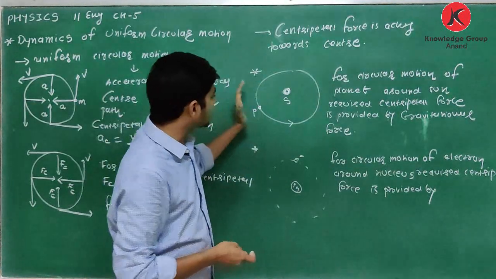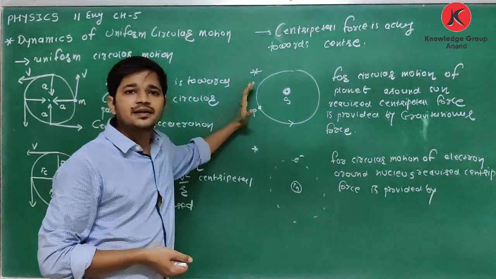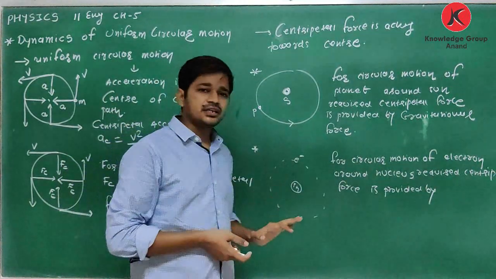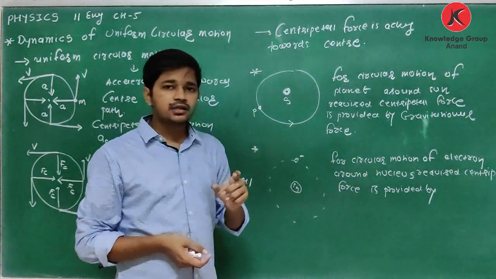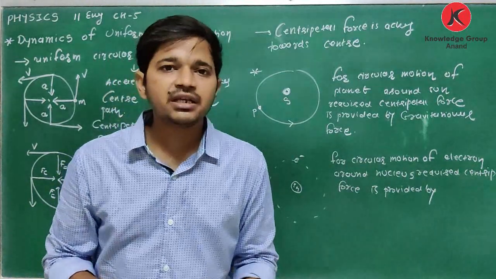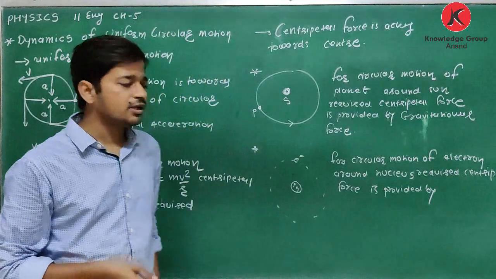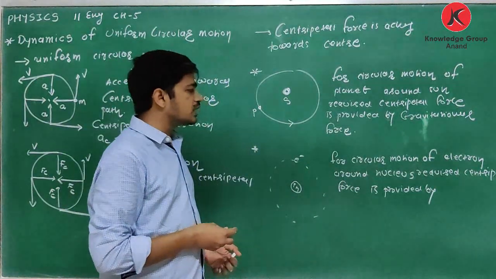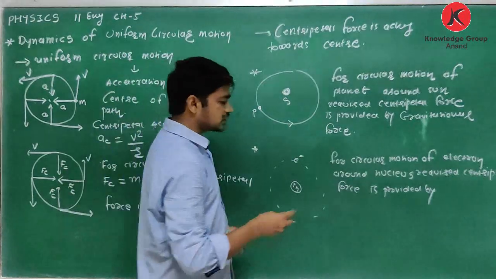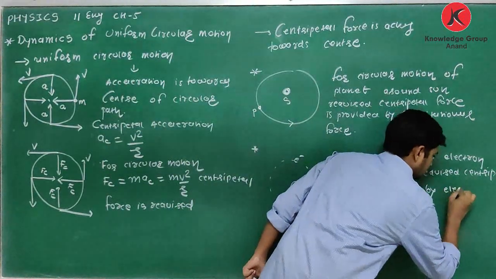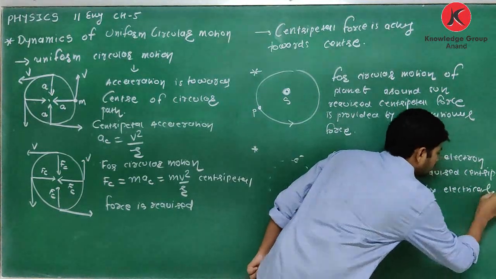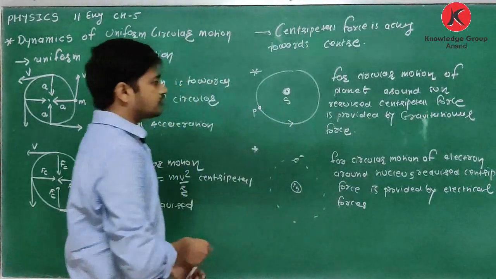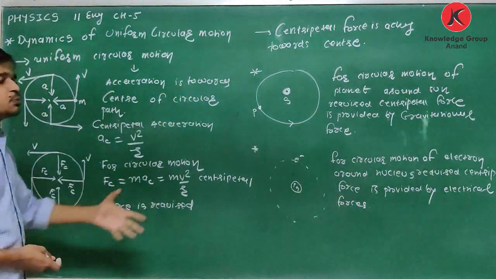In the previous case, governing forces are gravitational forces, but in this case, for these fundamental particles, the force acting between them is electric force. So for circular motion of an electron around the nucleus, the required centripetal force is provided by electrical forces. Clear about this? Such points you have to remember.